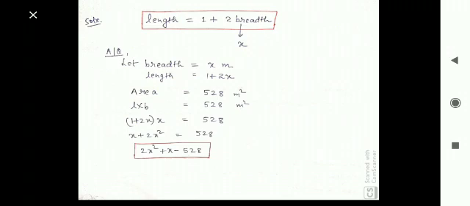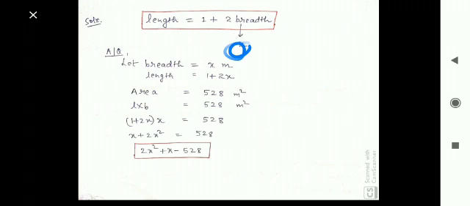So see here, a very good concept is given here. Inside the question it is given that the length is 1 more than twice its breadth. This is the condition given in the question. So you can write in this manner also, so that you can get the equation very easily. So length given here is 1 more than twice its breadth. So see, whatever the variable is on this left hand side, the dependent variable, that variable we have to assume x.